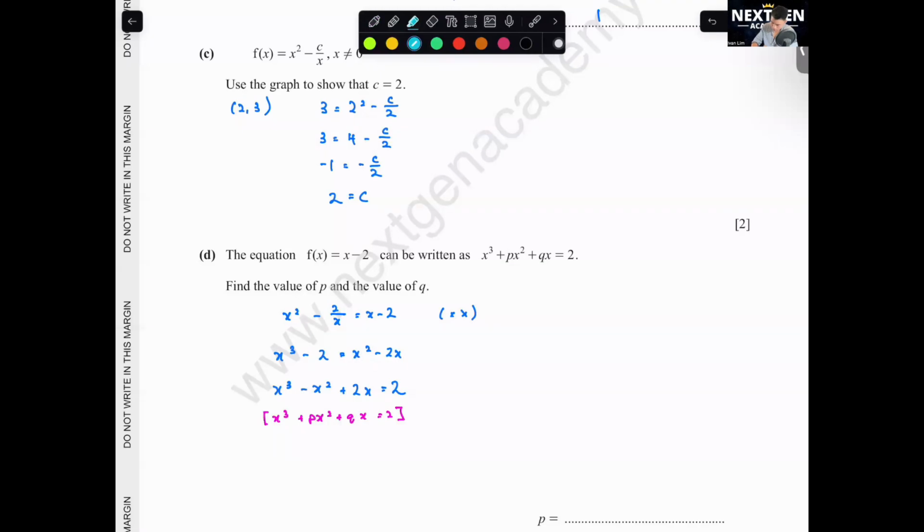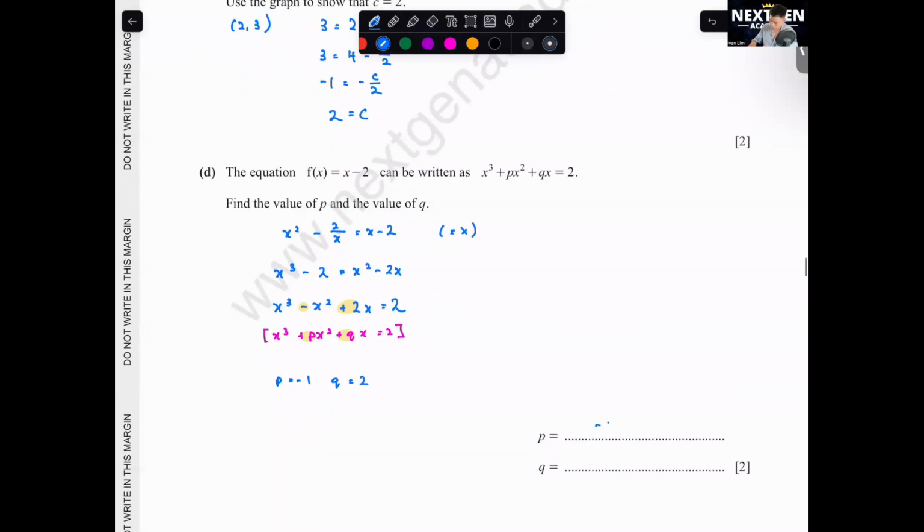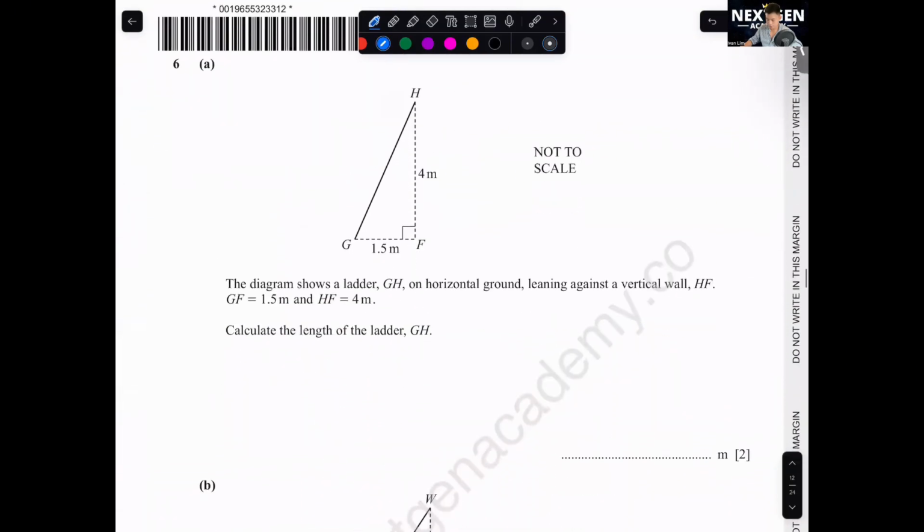So this is equal to this. p is equal to -1, q equals 2. If you got number 5 right, please type 5 in the chat. Okay, 5. All right. Let's go to number 6 before we take a short break.